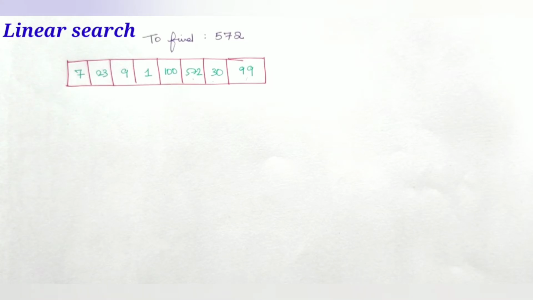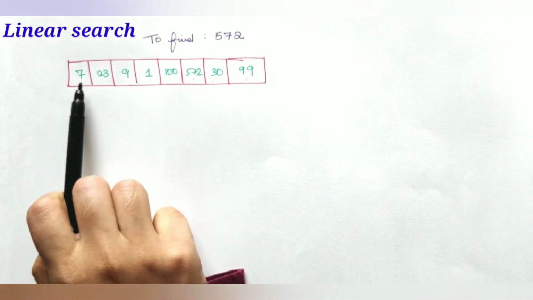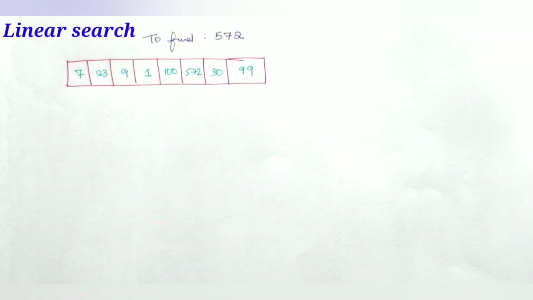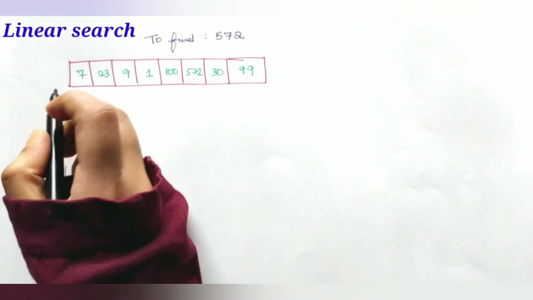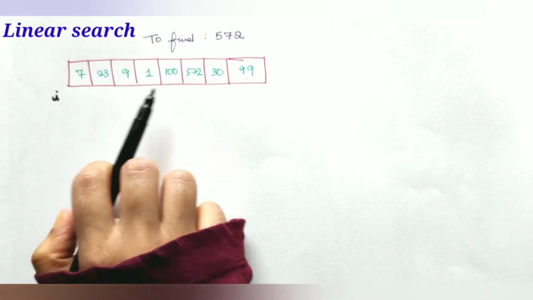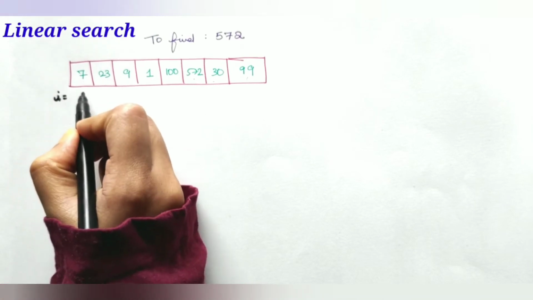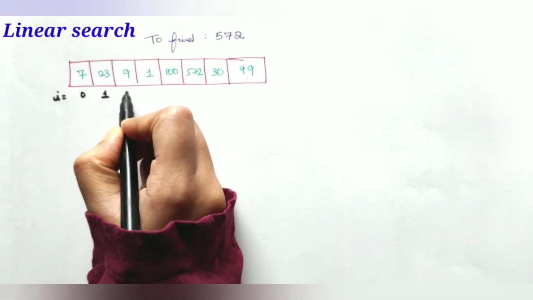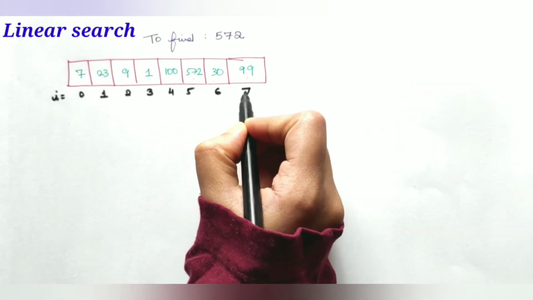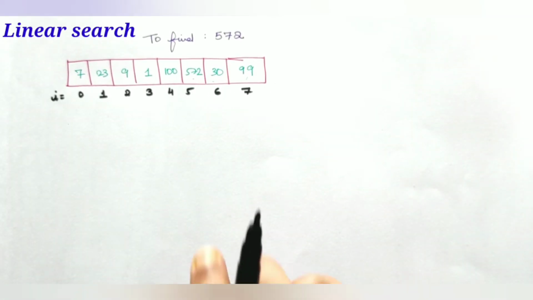What linear does is it goes and checks each and every element from left to right, okay? So let's take an example that we have a variable I to denote the position of each element. So in this case, I is 0, 1, 2, 3, 4, 5, 6 and 7. Alright, so 8 elements altogether.